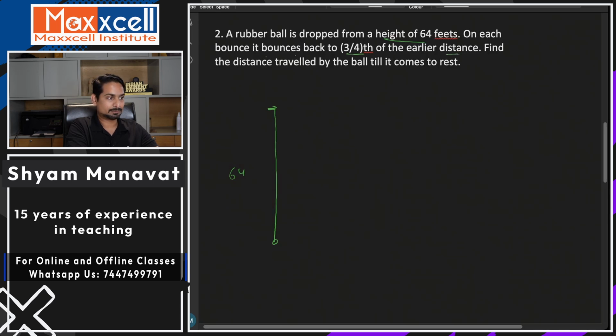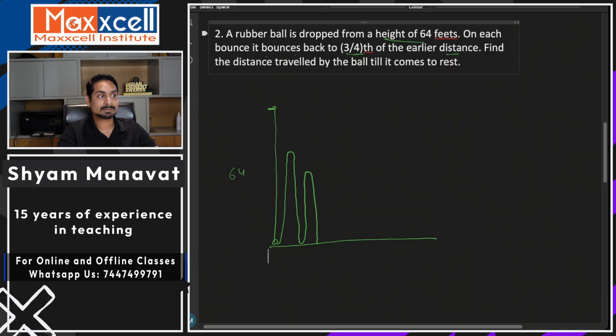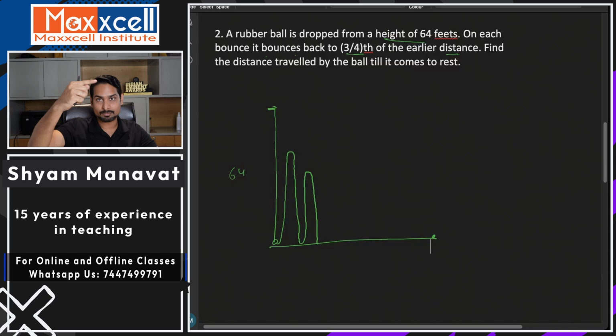So for each bounce, when it bounces back, it goes to 3/4 and then comes back down, obviously, right? And then again 3/4 and comes back. The question is, find the distance traveled by the ball till it comes to rest. This keeps happening, 3/4 of the height each time, and so on.